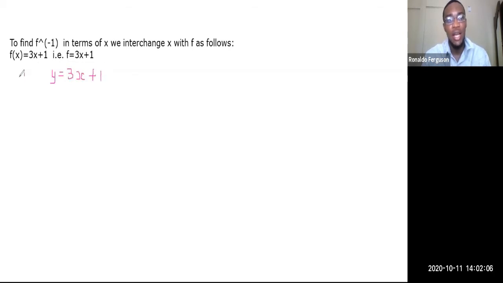So step 1, you write y equals 3x plus 1. Step 2 is you interchange x and y. So you write x is equal to 3y plus 1. That is step 2, interchange x and y.